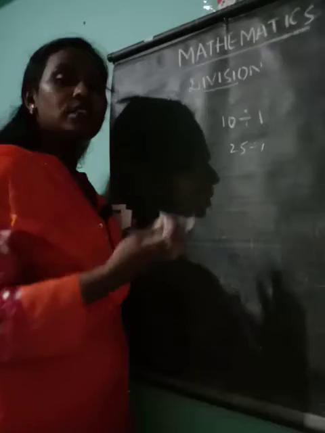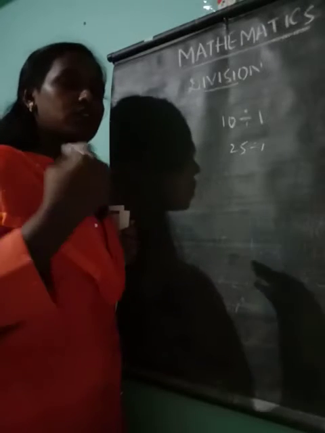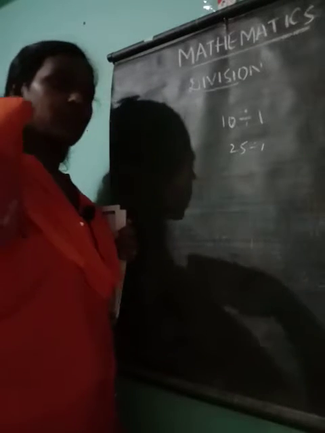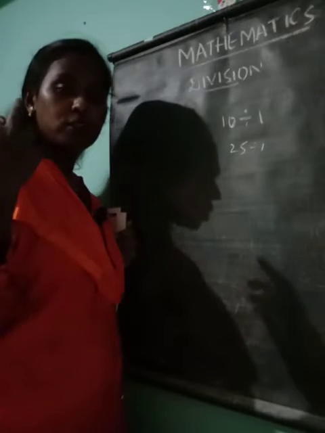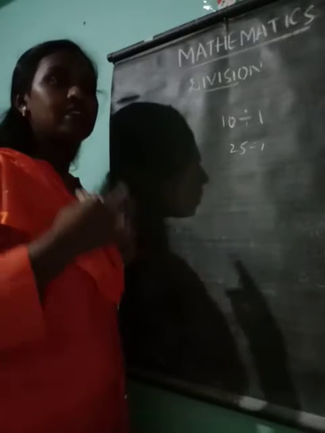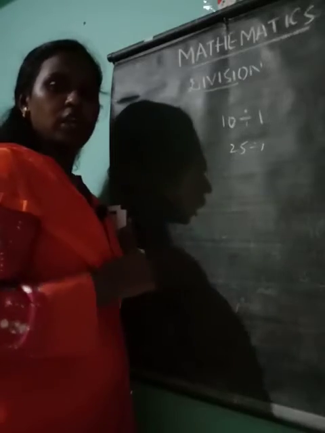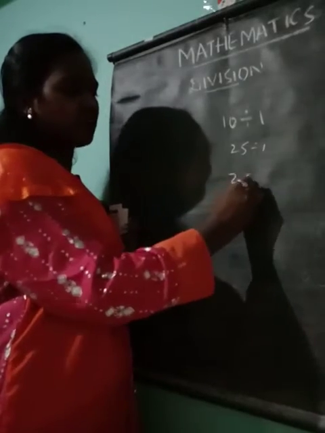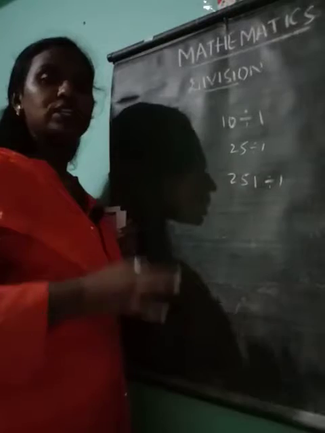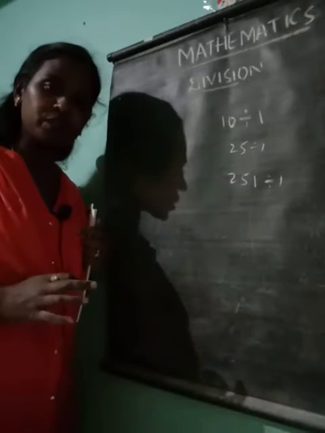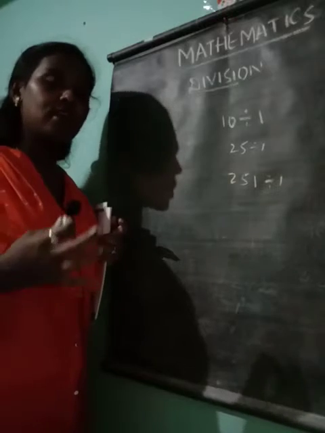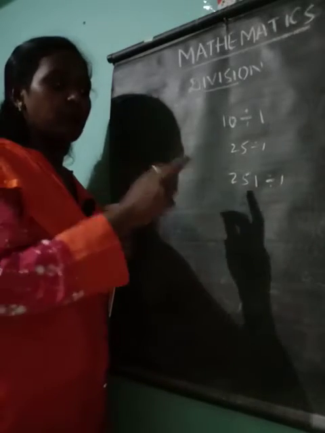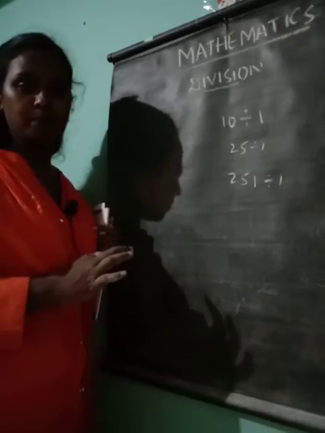Here the quotient is 10. If you divide 251 by 1, the quotient is 251 only. Whether the number increases or decreases, when the number is divided by 1, the quotient is the same.